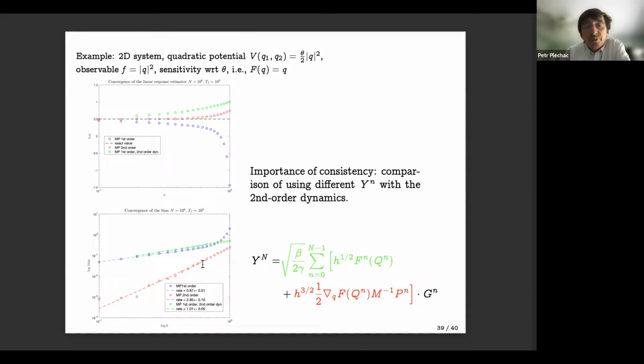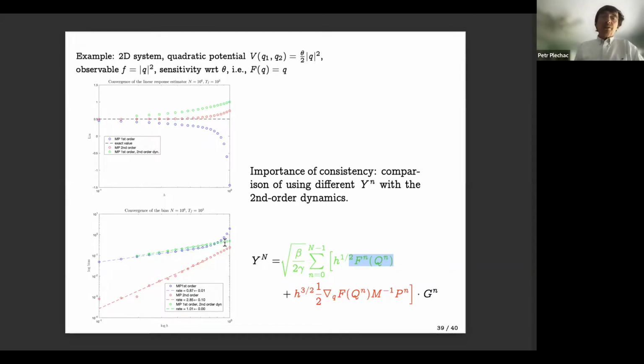And you can see that if I use only the green part of the construction of the reweighting process, which, as I said, is a straightforward discretization of the formula from Girsanov theorem, then we will get only first order, that green line here, first order convergence with respect to the discretization parameter.